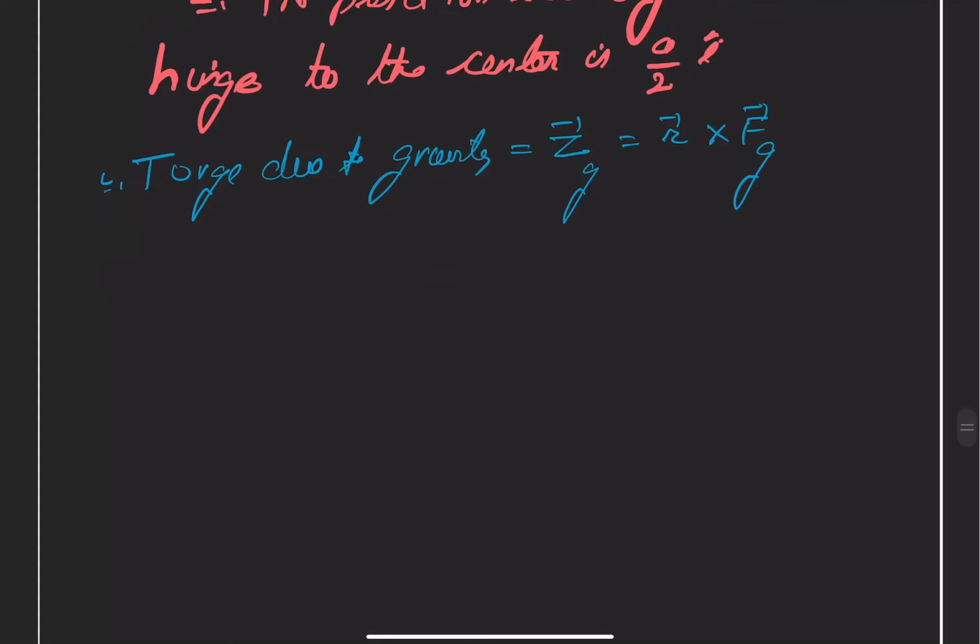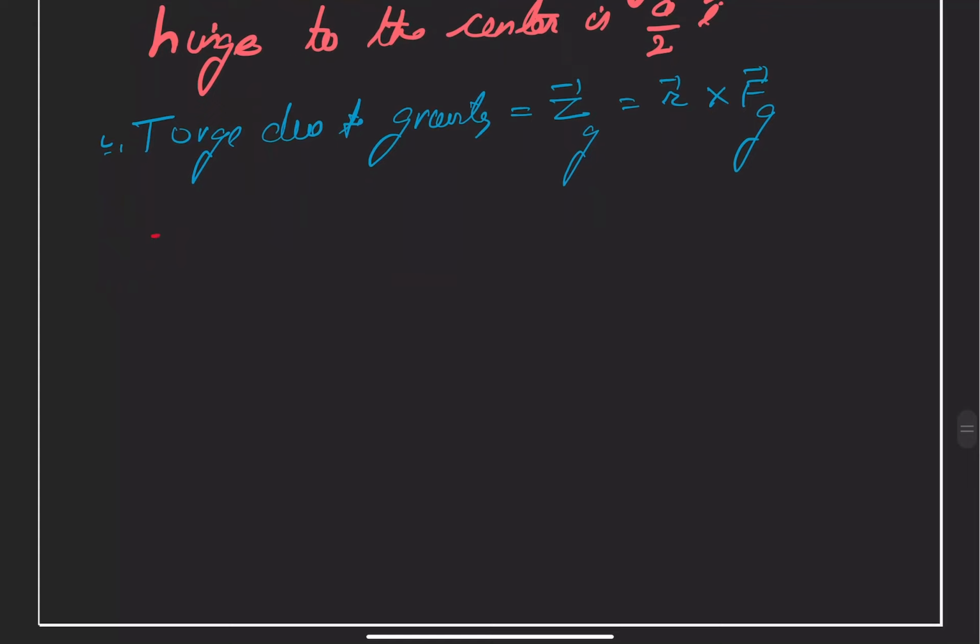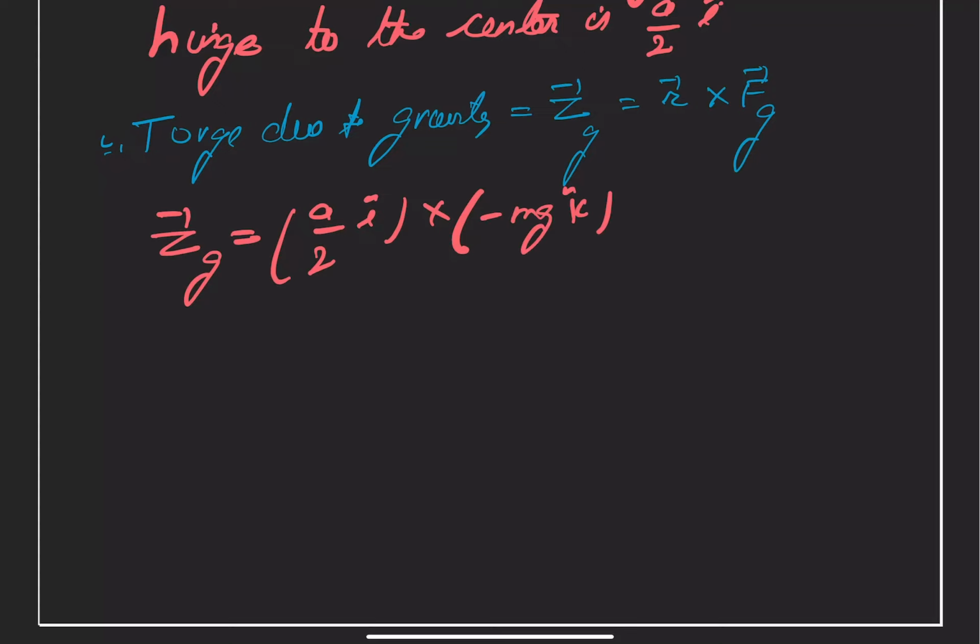We substitute the respective values, we get tau due to gravity will be equal to distance a by 2 i unit vector cross force in the downward direction mg k unit vector, and we can write this as mga divided by 2, and here comes our j unit vector.